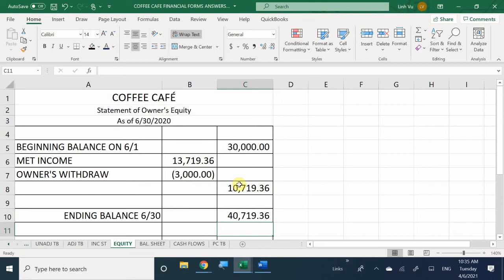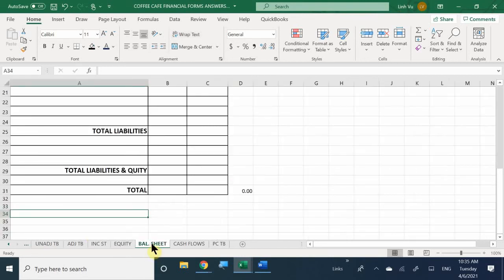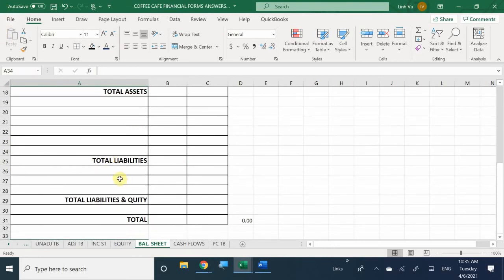This number is going to come into play when we complete the next one, which is going to be our balance sheet. So here we have total liabilities, and I'm going to put right here total equity.